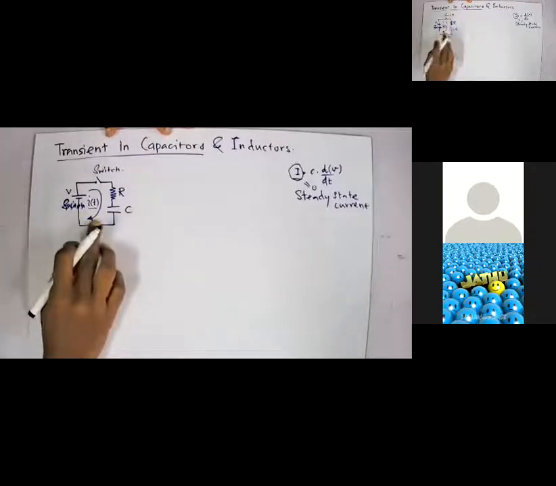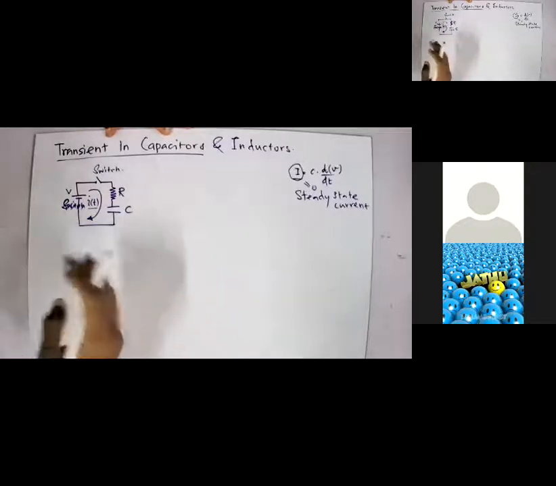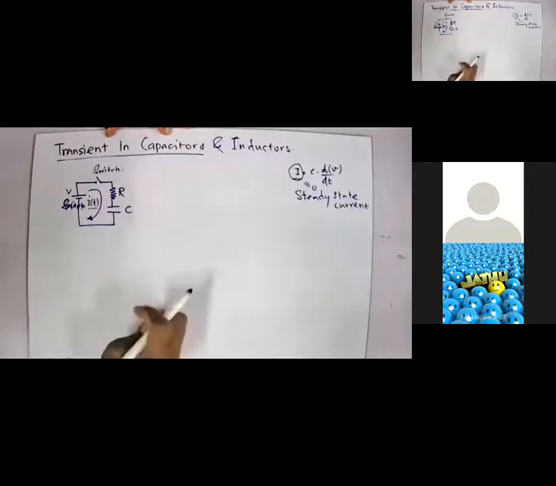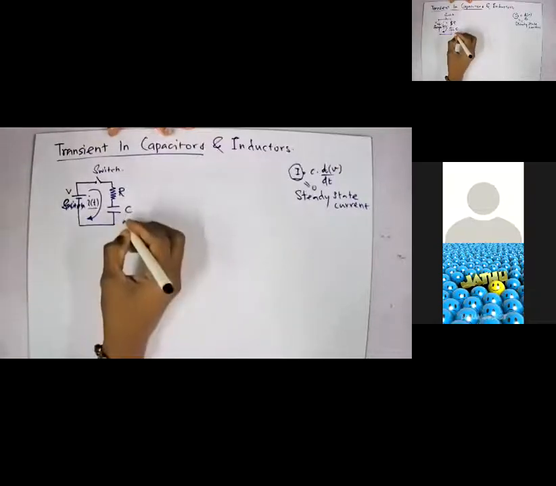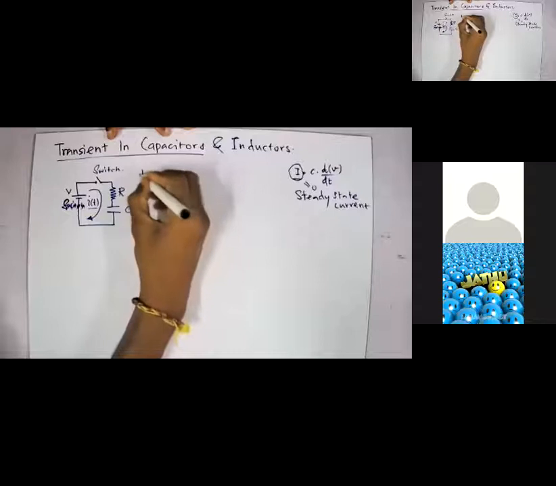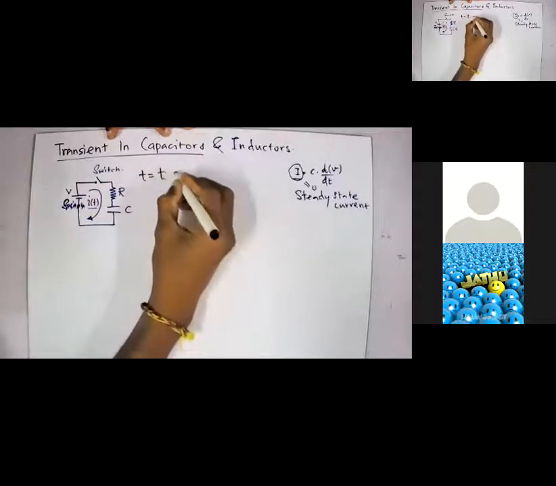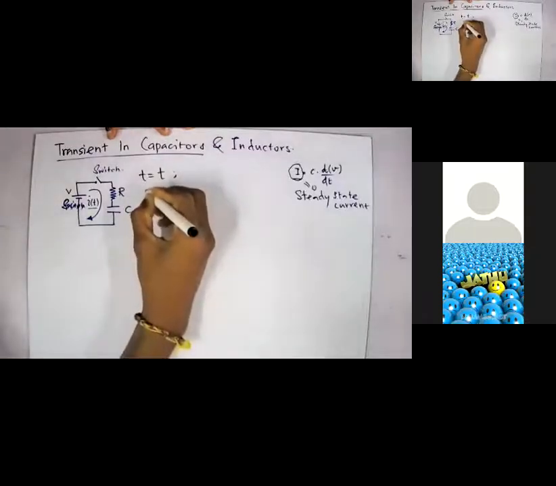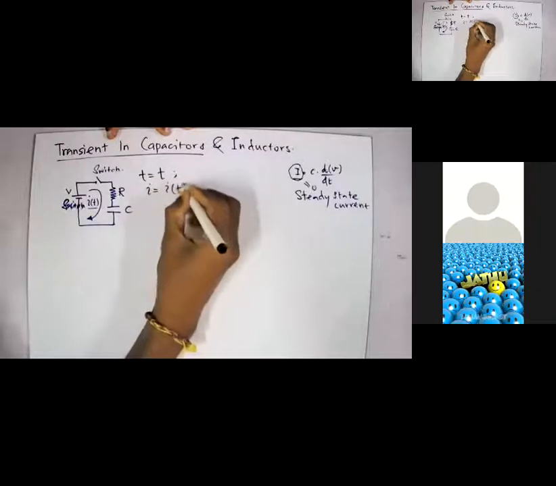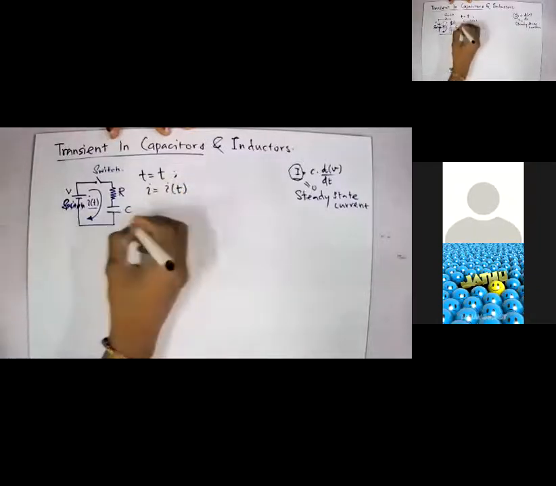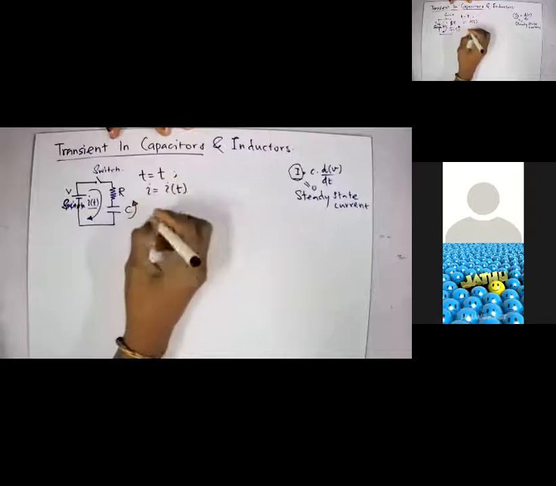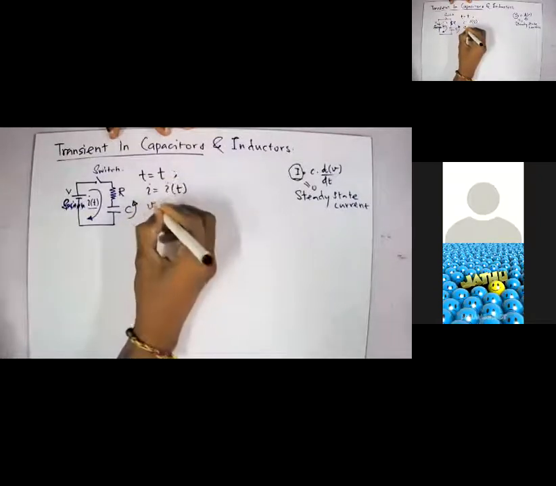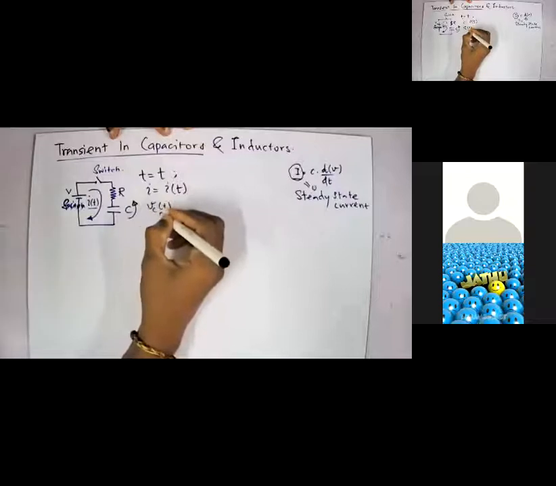Say at t equals t seconds, assume the current is I of t, and the voltage developed across the capacitor will be Vc of t.